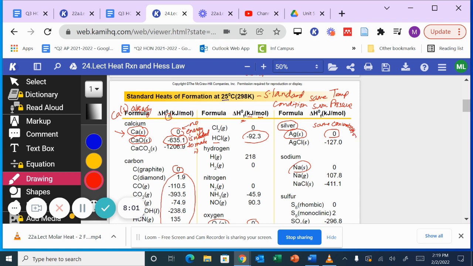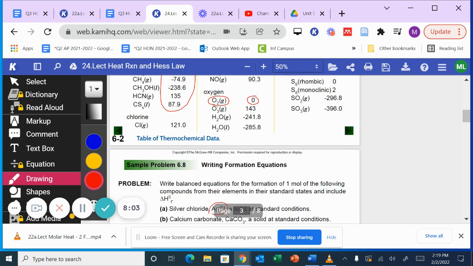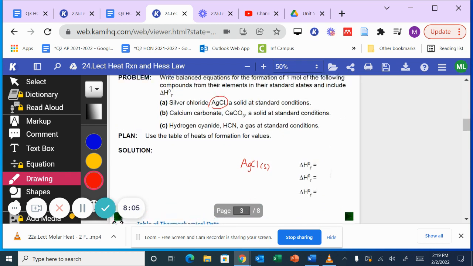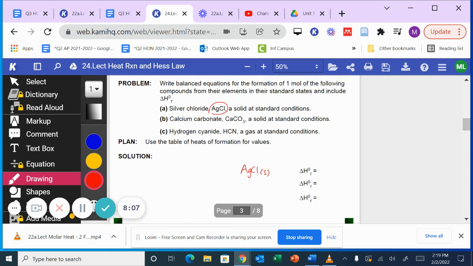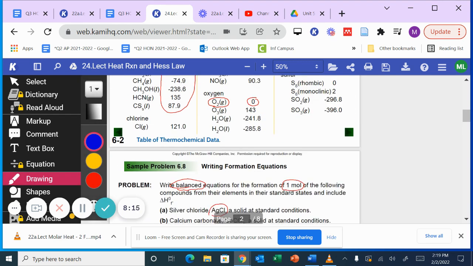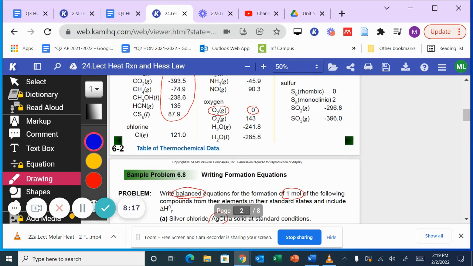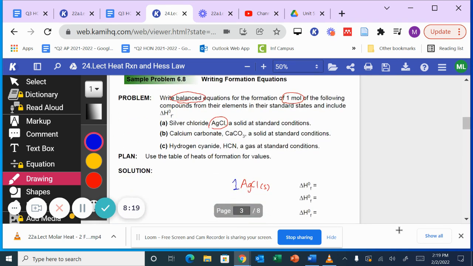They're all standardized so you can compare them. Okay, so to make AgCl, it says write a balanced equation for the formation of 1 mole. So I have to make these 1 mole, okay? There's no exception because all these are tabulated in 1 mole of the following compounds from their elements.